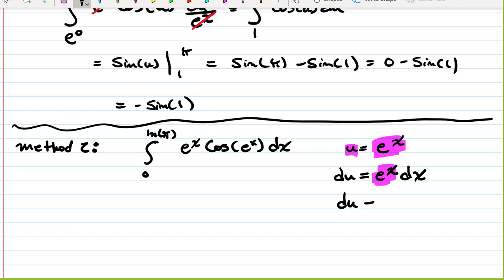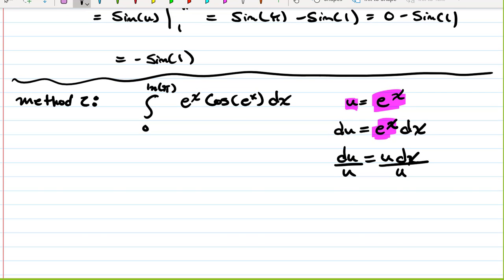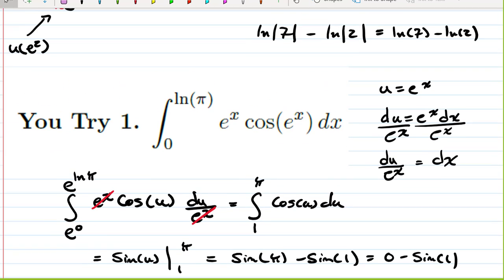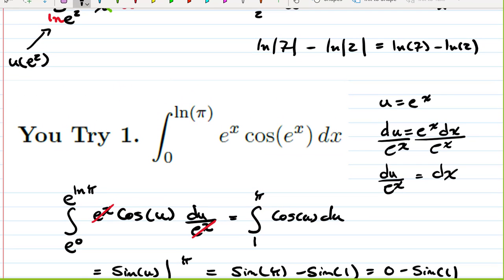So then we would have du is equal to u dx. And then we could divide by u, and we still have dx by itself. So we have du over u is equal to dx. So notice this is really the same thing we had up here, du over e to the x, because what's e to the x? u.